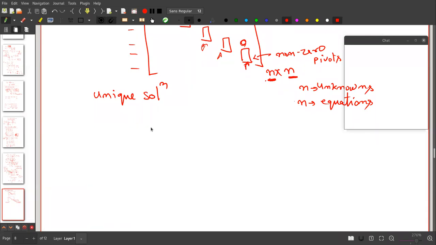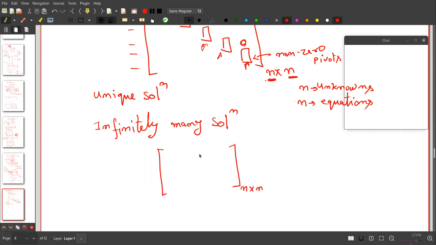Fine, let's move ahead. We can have infinitely many solutions. When can we have infinitely many solutions? Say we are taking an n by n matrix, and there is some unknown vector, and we are getting some right hand side, and we are getting at least one row of zeros, and the right hand side again is 0.